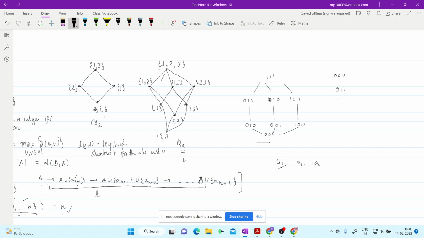Similarly 1 1 0 and 1 0 1. All the other vertices other than these are at odd shortest path distance from the vertex 0 0 0.